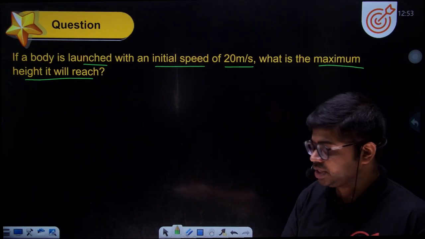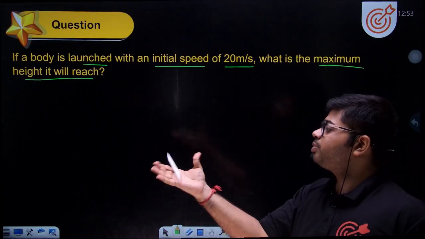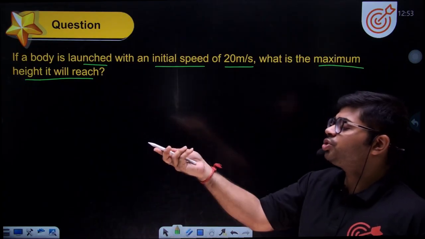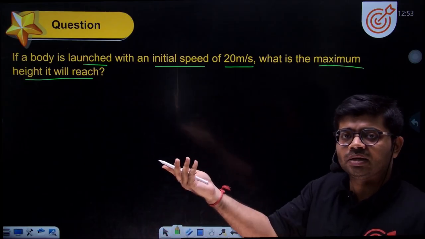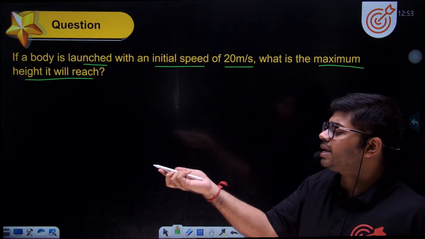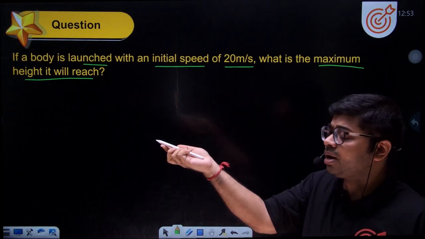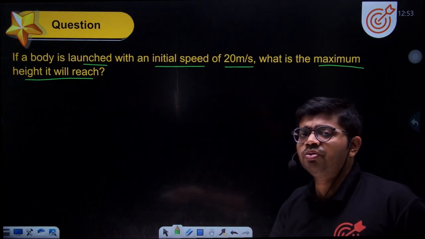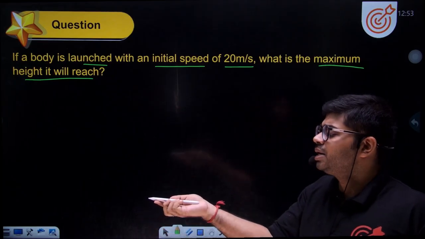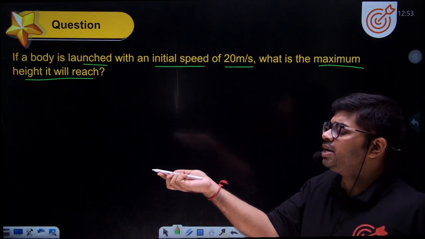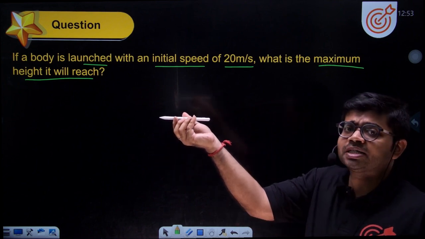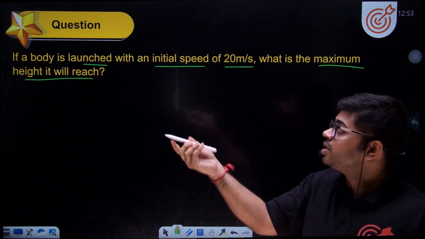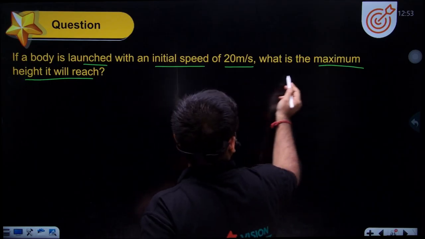Something like this, this pen, I am throwing up. Initially I am putting some velocity on this pen, but while it is going up, because g is downward, the velocity keeps on decreasing at each and every moment. It becomes zero after some height. They want us to find that height only.